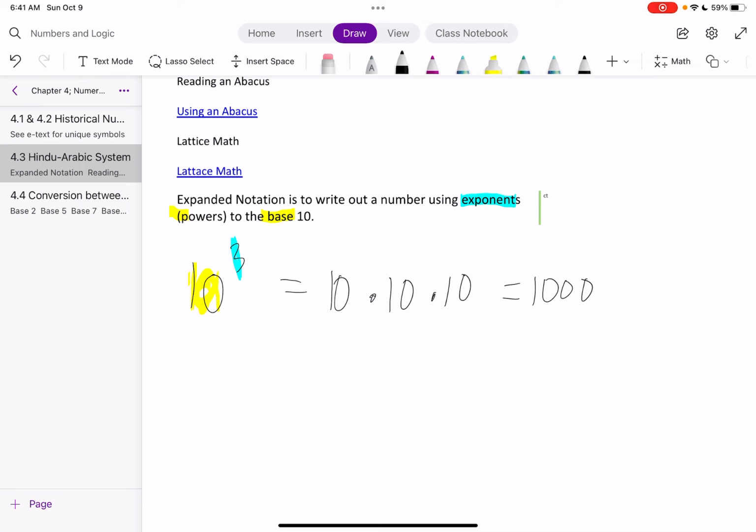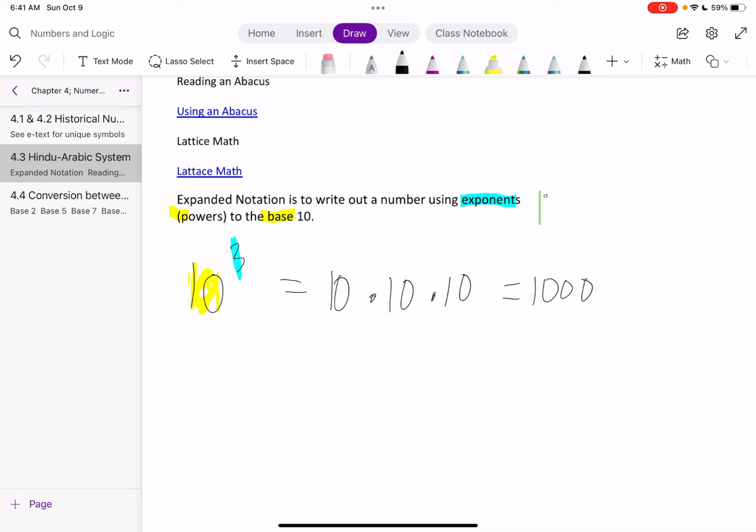So we add the terms by power. Now you can see every other time I had a single digit, and now I have a double digit here.